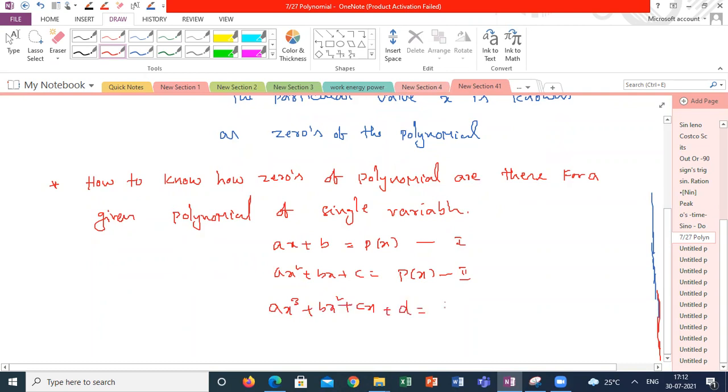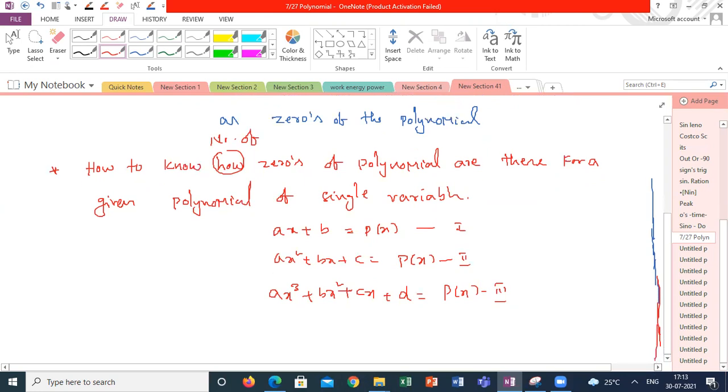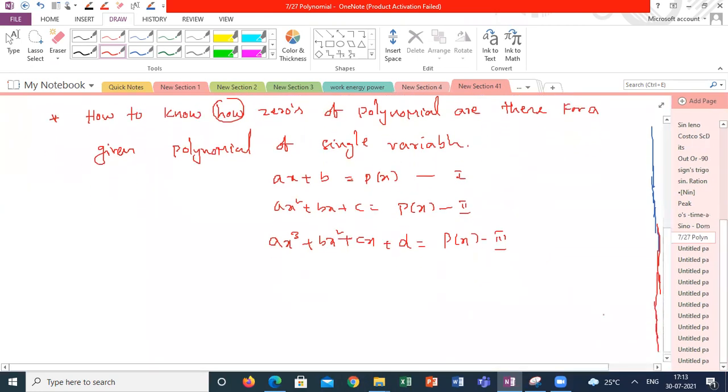Which information will explain the number of zeros of the polynomial? Who is going to give this answer, guys? The degree of the polynomial. Yes, the degree of the polynomial is the number of zeros of the polynomial.